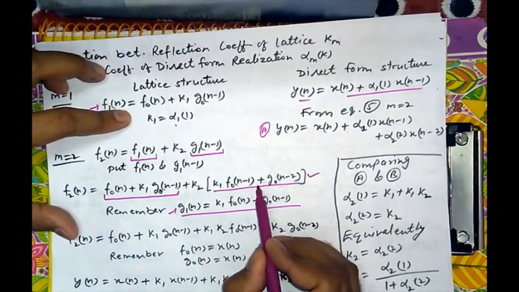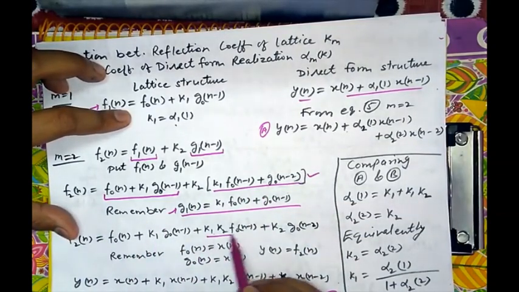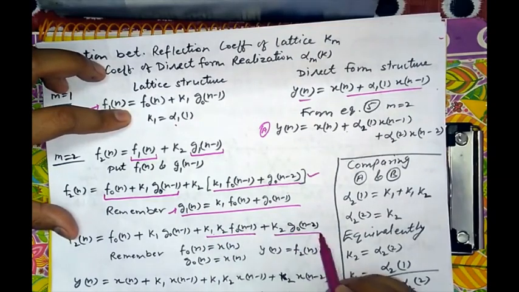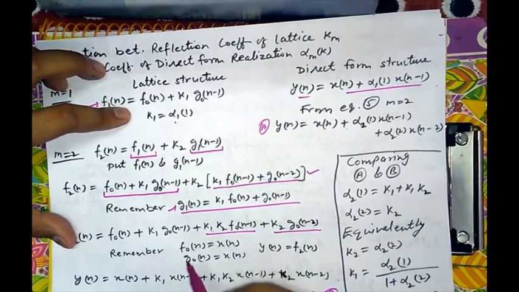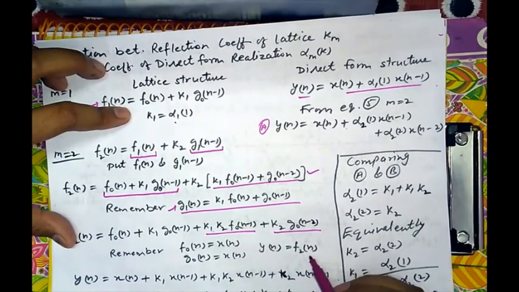K2 is multiplied here, and then we remember the initial values: f0(n) is equal to x(n), g0(n) is equal to x(n), and y(n) is equal to f2(n) because it is the second order value.